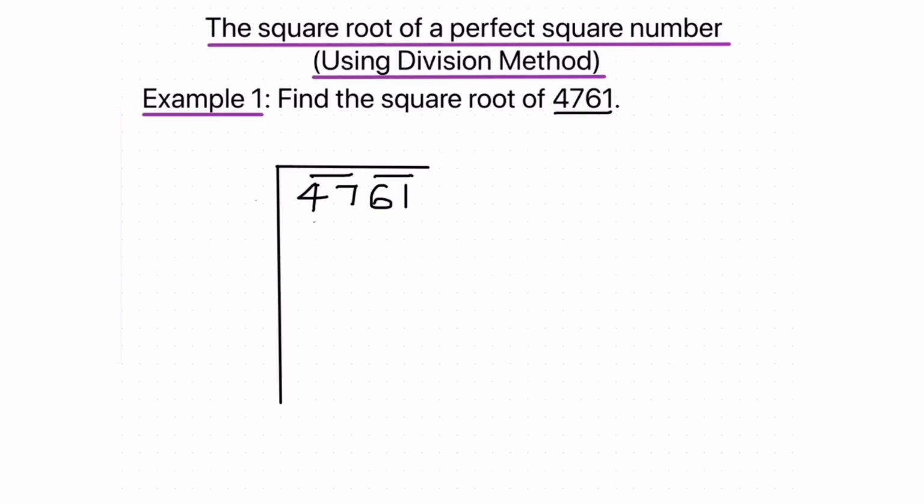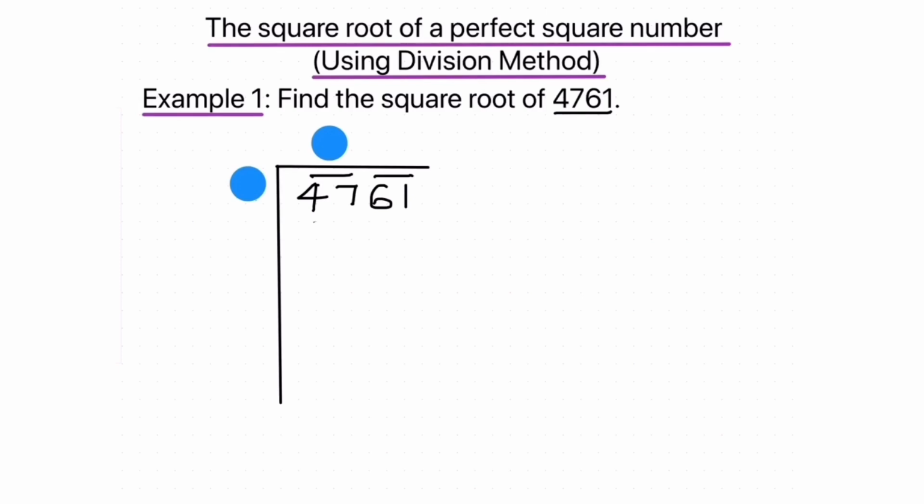The first pair, that is 47, will be the dividend. Now we need to find the divisor and the quotient. We need to find the greatest number, the square of which does not exceed 47, which is the first pair. That is, we need to find the greatest number which when multiplied by itself gives 47 or just less than 47.